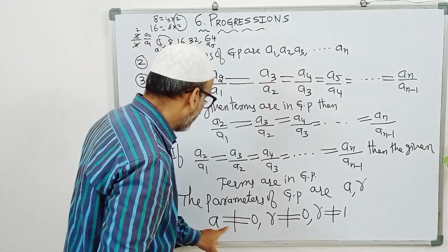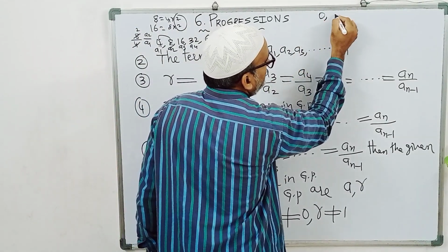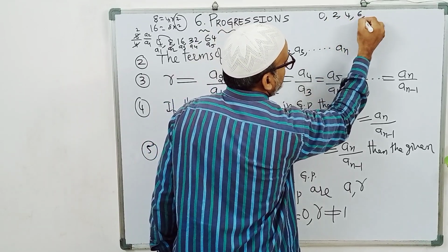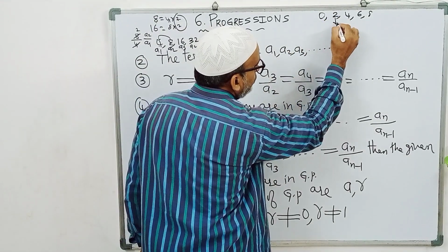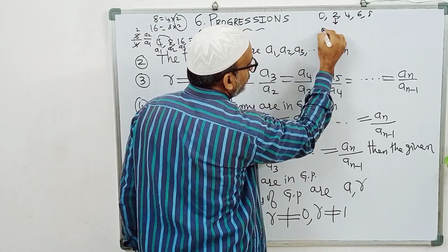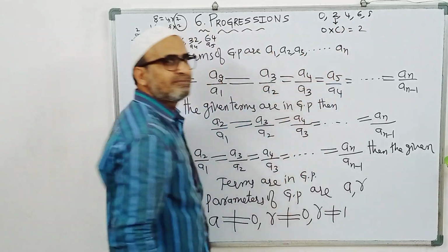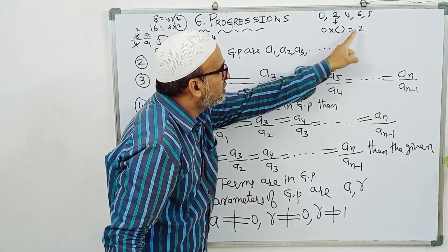Why? Because if A is equal to 0, starting only with 0. After this what? Suppose 2, 4, 6, 8 suppose. To get this 2, its previous number is what? 0 into one fixed number, we should get 2. You multiply 0 with any number, you will get 0 only.